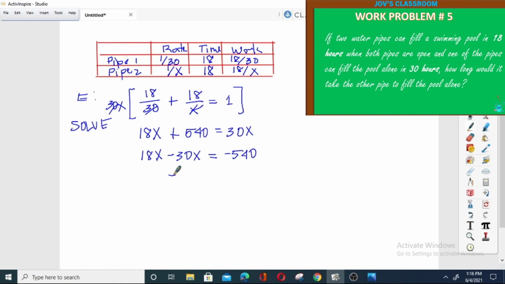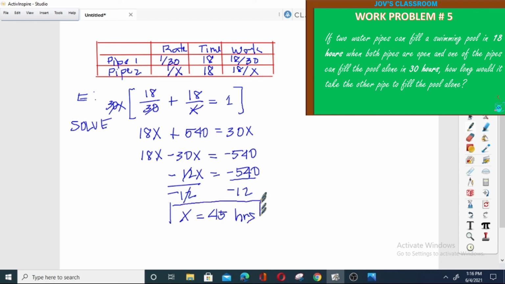So negative 12x is equal to negative 540, divide both sides by negative 12, x is equal to 540 divided by 12, which is 45. So we have 45 hours for pipe number 2 to fill the pool.